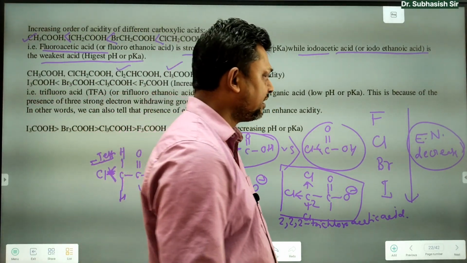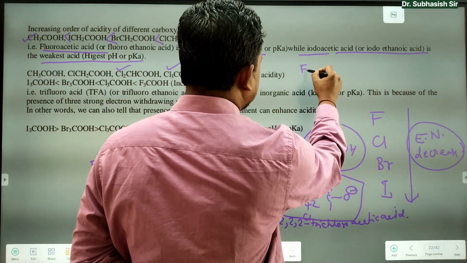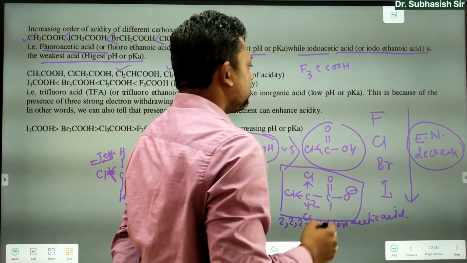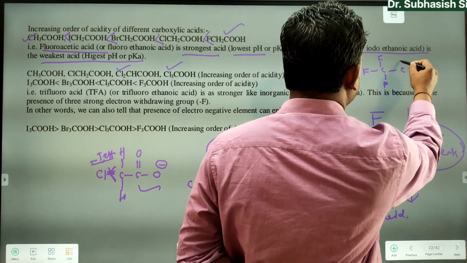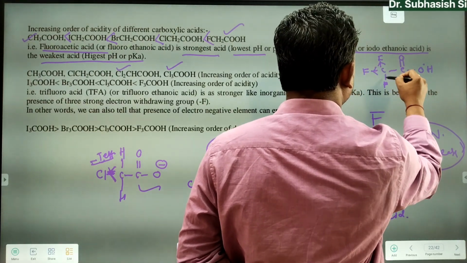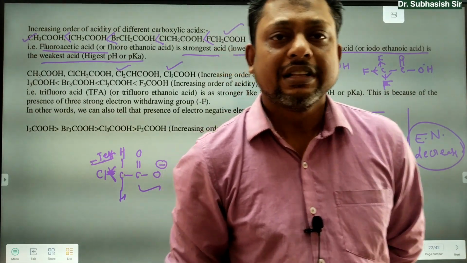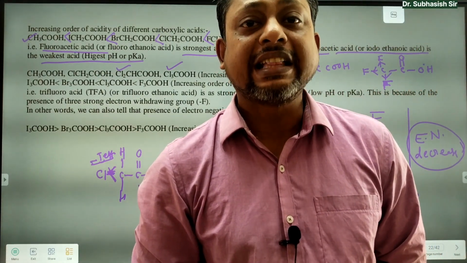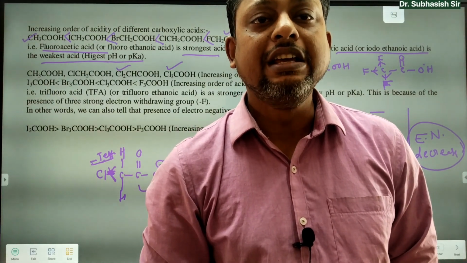Another very important thing: suppose you have trifluoroacetic acid. You can see that due to the presence of 3 fluorine on the carbon, there will be a strong electron withdrawing nature in the carboxylic acid, and you know that fluorine is the most electronegative element in the periodic table. So this trifluoroacetic acid will be much stronger, and its acidity will be as strong as inorganic acids.